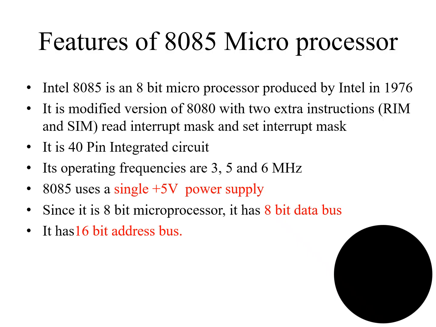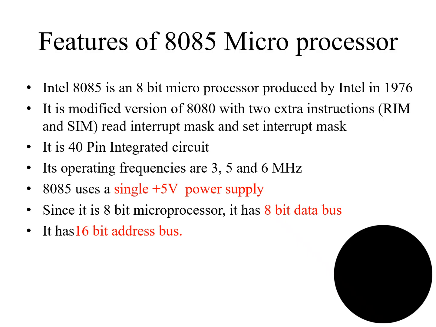The features are: a 16-bit address bus to find the location of data, an 8-bit data bus to carry the data, and a maximum memory size of 64 kilobytes. The power needed is a single 5 volt supply. It is a 40 pin IC, and its operating frequency is 3 to 6 megahertz.